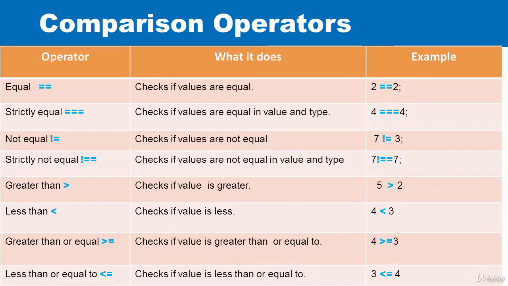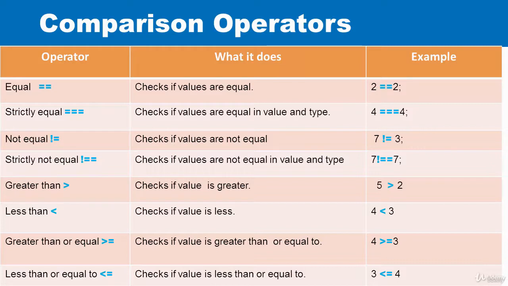A single equal is used to assign a value. So we must be careful with the distinction between single equals and double. If you want to check if something is equal to something, you use a double equals. If you want to assign a value like you do in variables, you use just a single equal.